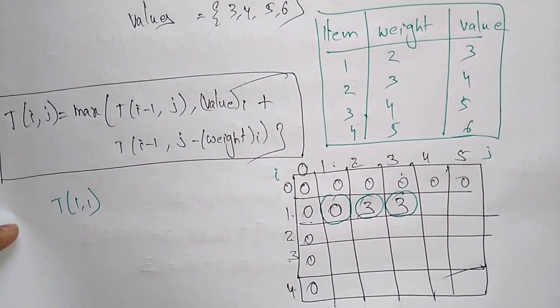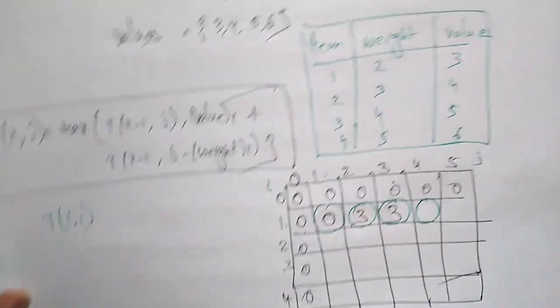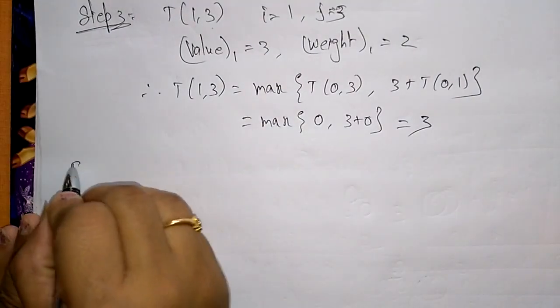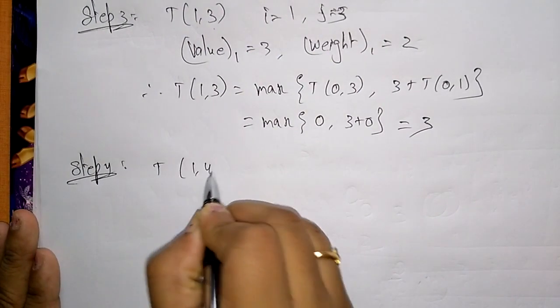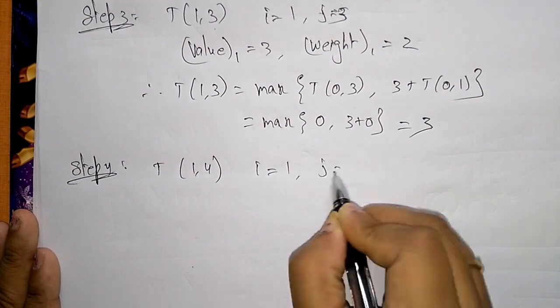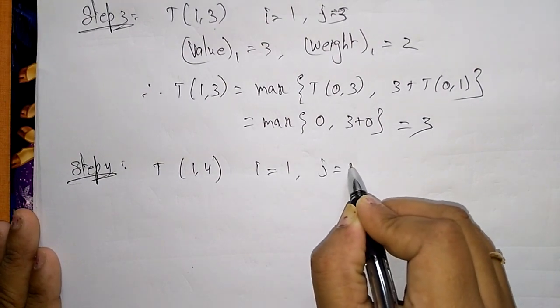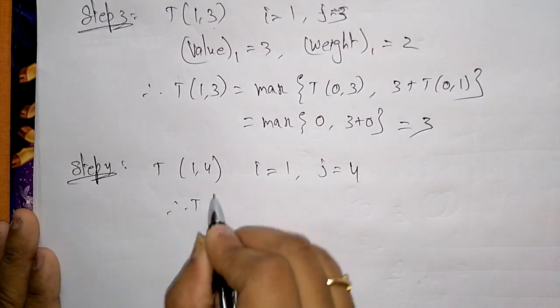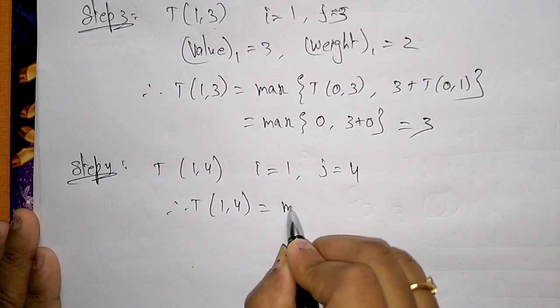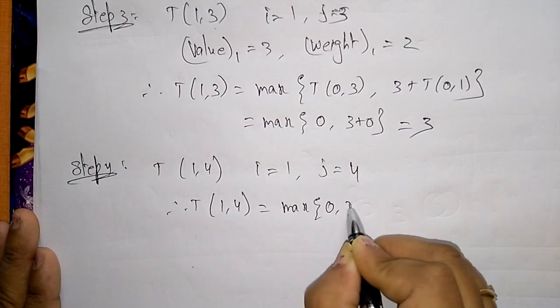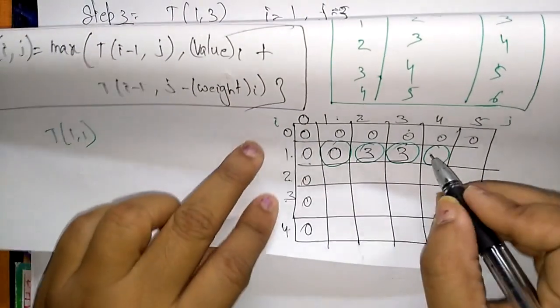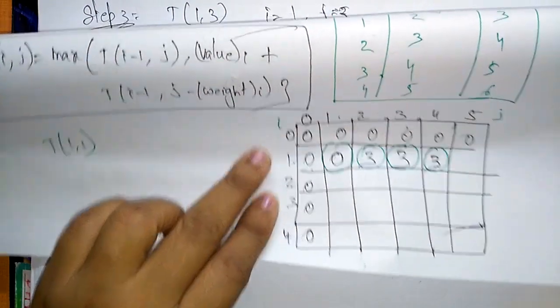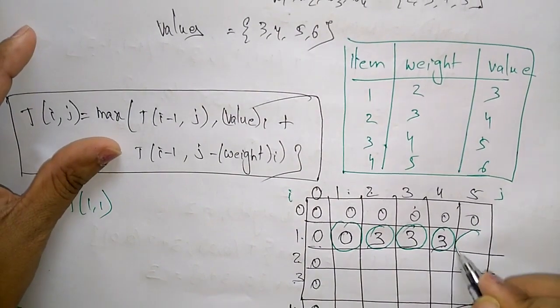Just write the 3 value. So next is T14, step 4. T of 1 comma 4: I is equal to 1, J is equal to 4. Substitute those values. For T1 comma 4, we get the maximum of, I am writing directly, 0 and 3, we get 3. So for this we get 3 again. And the next value is T1 comma 5.